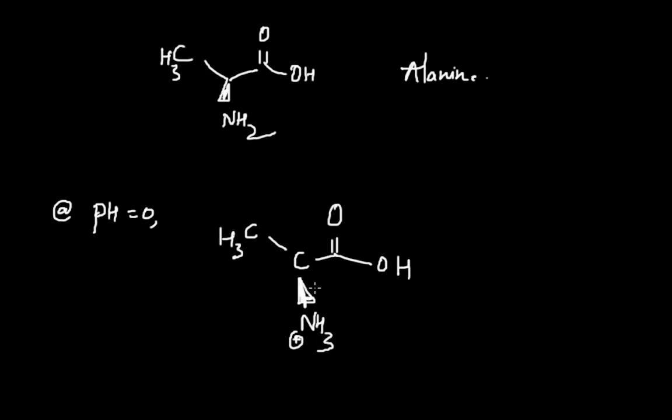In this state, the amino group is protonated and the carboxylic group is neutral, which means it bears no formal charge. So all in all, the net charge is +1, therefore it is in its cationic form.